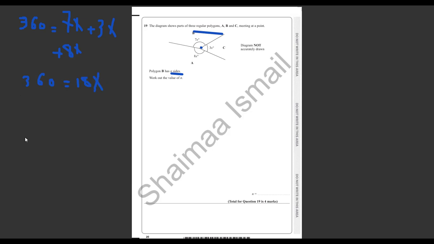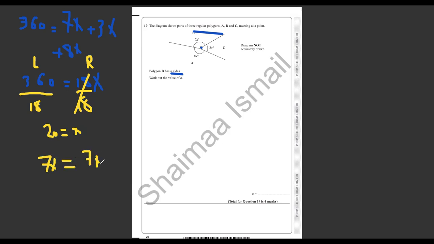Dividing both sides by 18 to isolate x, we do on the right side what we do on the left side. It's equal to 20. So x here equals 20. And then it says 7x, so 7x will be equal to 7 multiplied by 20, which is 140. So this angle is equal to 140.